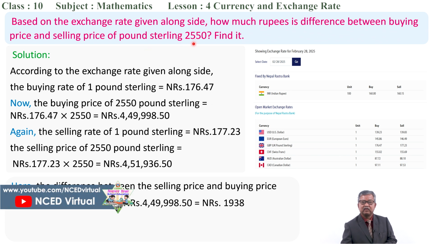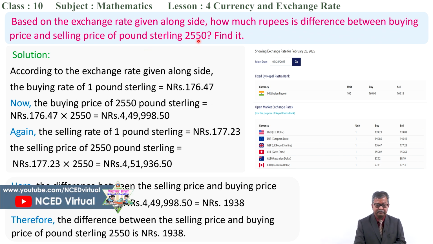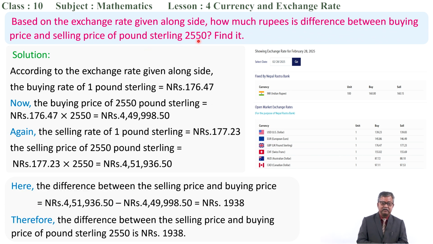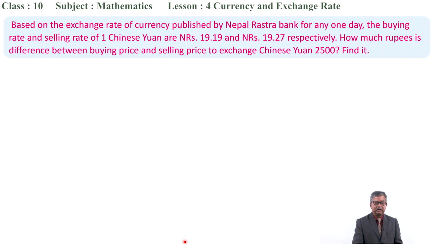Pound sterling 2,550. Yes. So the difference between the selling price and the buying price of pound sterling 2,550 is Nepalese rupees 1,938. Okay.